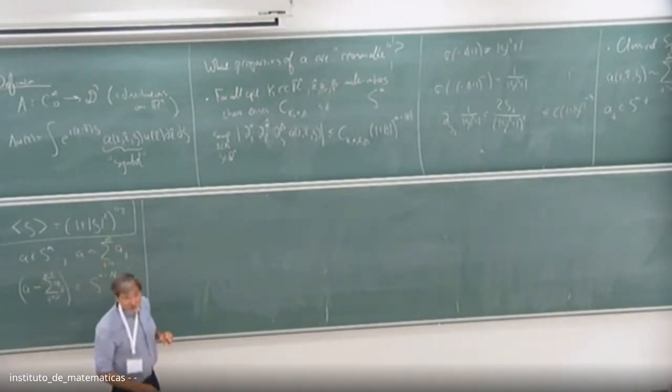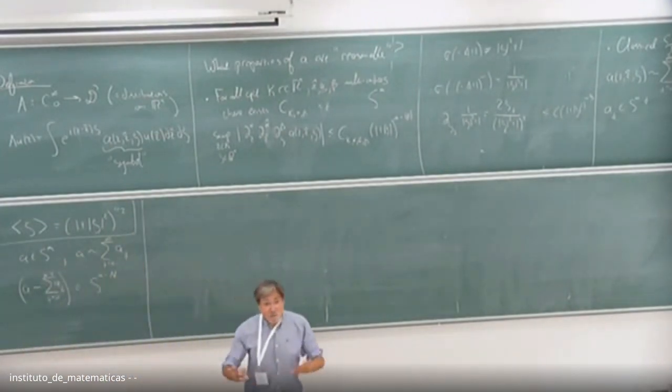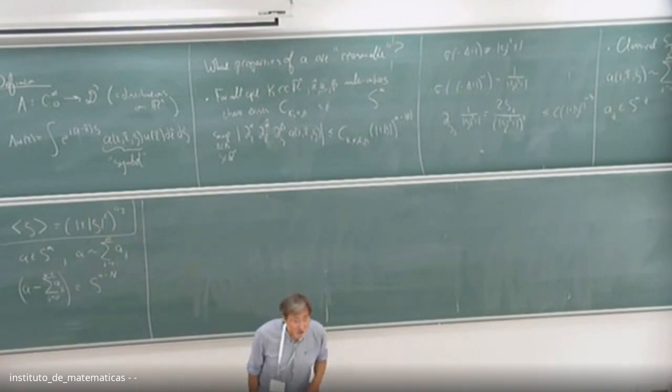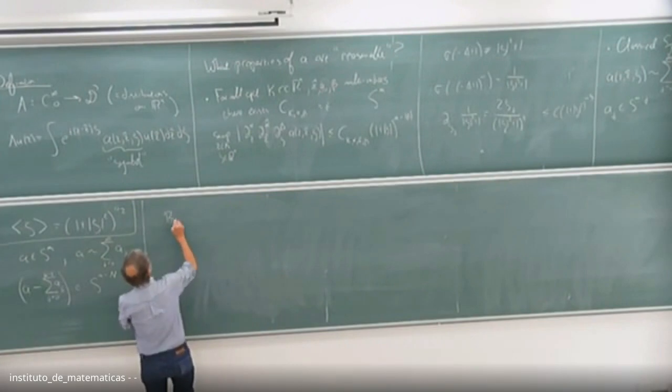Now, there's a very useful lemma here, which I'll state, and it's going to come up in many different circumstances. I'll mention it once and then refer to it many times, which is called Borel's lemma.